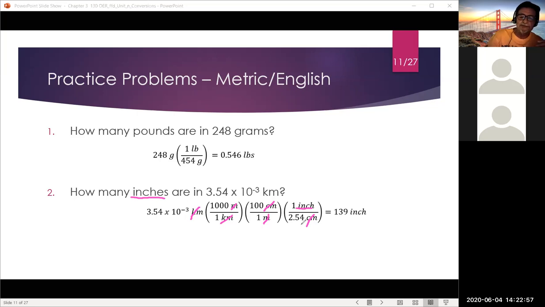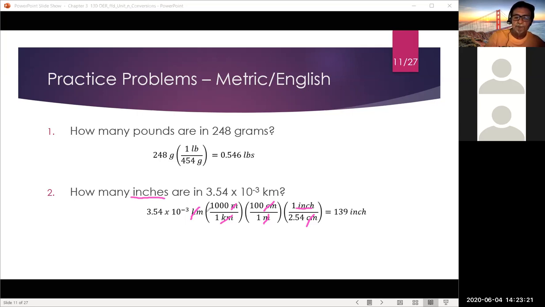Well, the answer is, it depends on your calculator. Most calculators understand the mathematical function. So if you were to take 3.54 times 10 to the negative third and divide it by 2.54 and then multiply by 1,000 and multiply by 100, you should get the correct answer if the calculator functions like it should be.